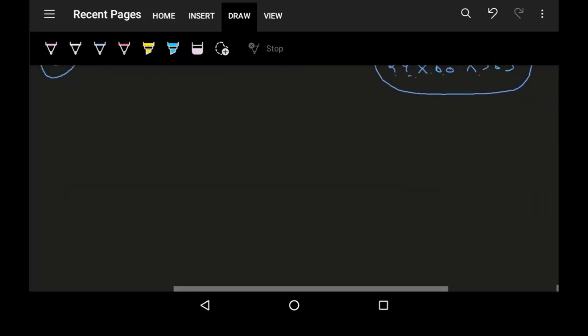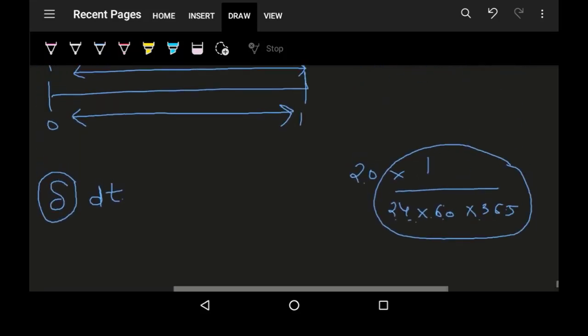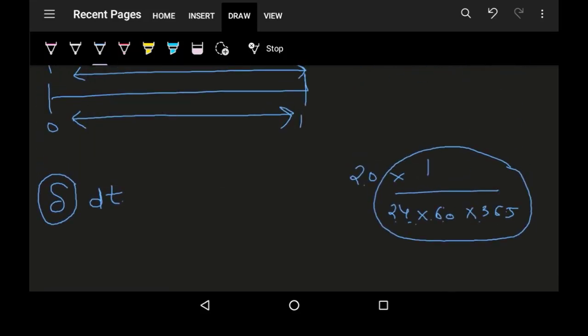So in the interest case, we took all those amounts to the year end, and in the discount case, we brought those back to time 0. In this case also, suppose this is my time, and here is my time t.